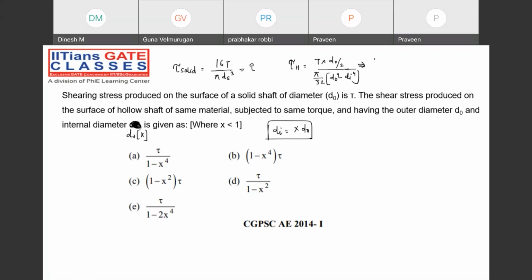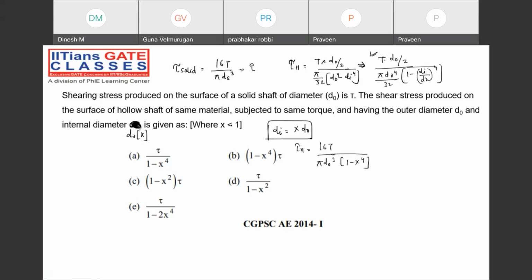Now if you put this into the equation, what you will be calculating is T into d naught divided by 2. I'm just taking pi d naught power 4 by 32 outside, and 1 minus di by d naught to the power 4. Now tau hollow shaft will be 16T divided by pi d naught cube into 1 minus x to the power 4.